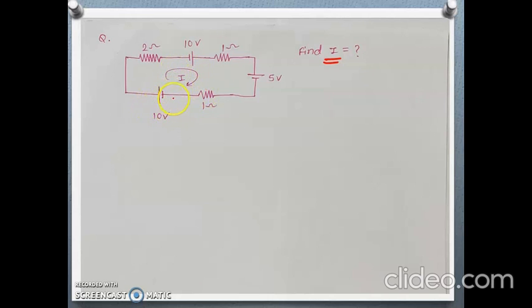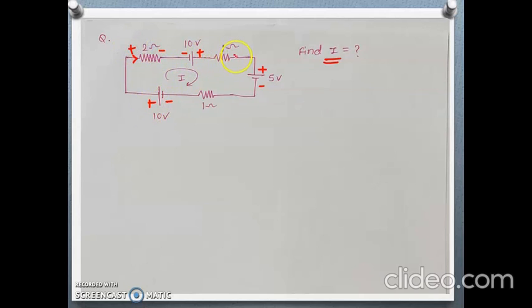We prefer clockwise direction. First we will do the sign convention. This is negative, positive, this is negative, positive, this is positive and negative. For the resistances, as the current is in the clockwise direction, current flowing through this 2 ohm will be in this direction, so this will be the plus and this will be the minus terminal.